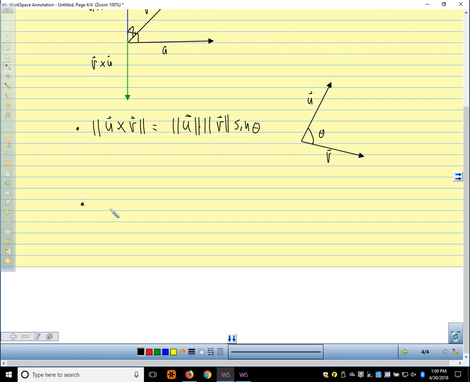All right. U cross V is 0 if and only if U and V are parallel.